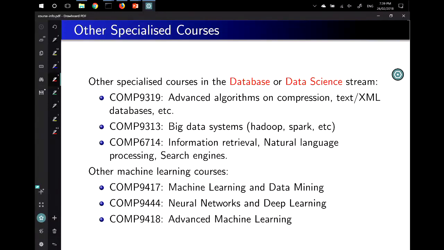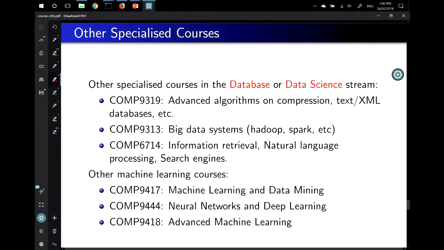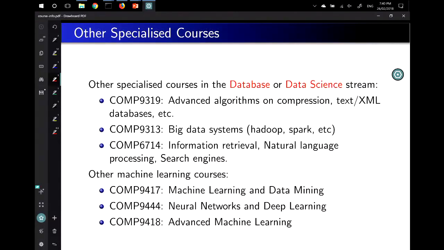Let me quickly explain. Knowing the traditional machine learning models, like in this course or 9417, and in Edwin's course, is helpful, because to some extent deep learning and neural networks have a very low barrier for everybody.